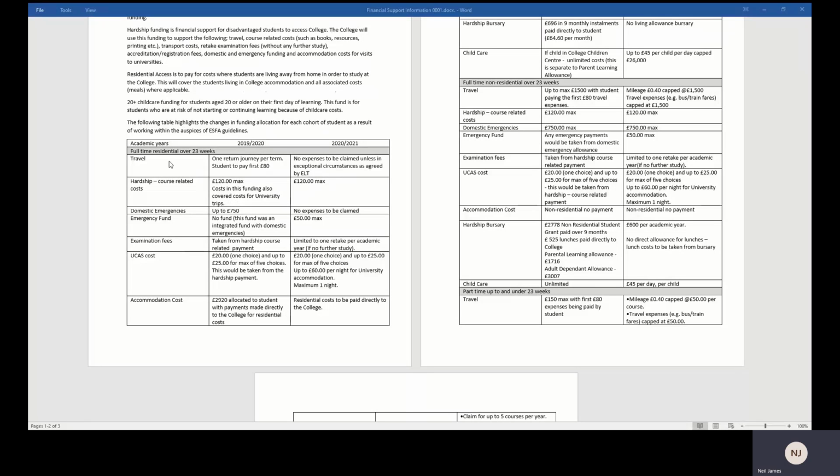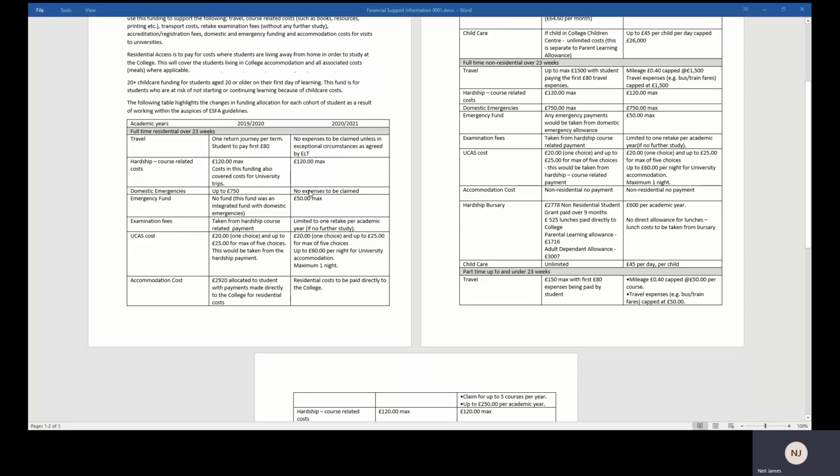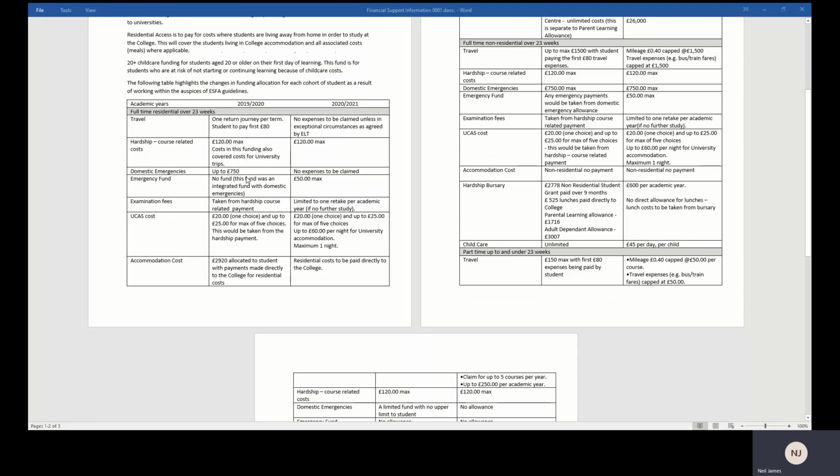In terms of hardship costs for full-time residential students, previously we would have given £120, and we're still providing this same amount of £120. And this funding will cover things like university trips and any expenses associated with university trips. In terms of domestic emergencies for residential students, we used to pay up to £750.